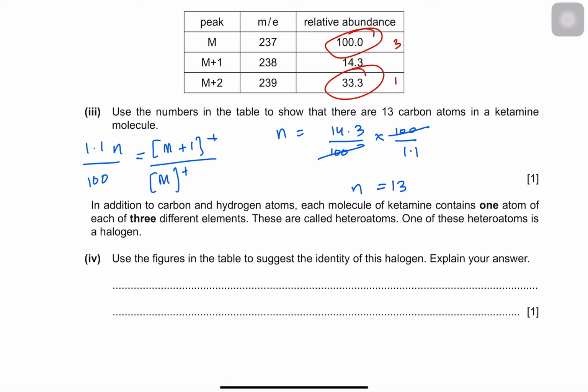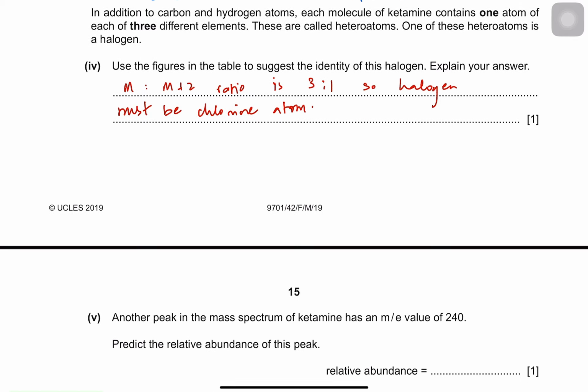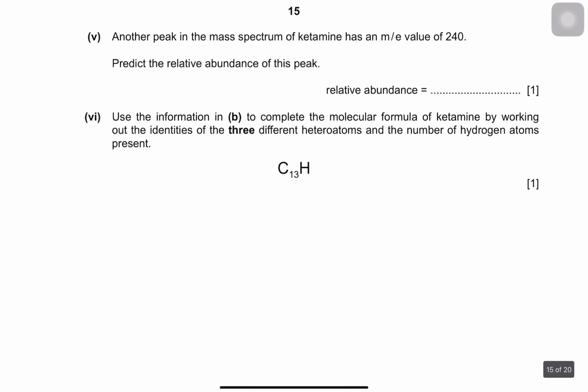So it has to be chlorine, because the M and M plus 2 ratio is 3:1. So the halogen must be a chlorine atom, because if they were the same, it would be a bromine atom.